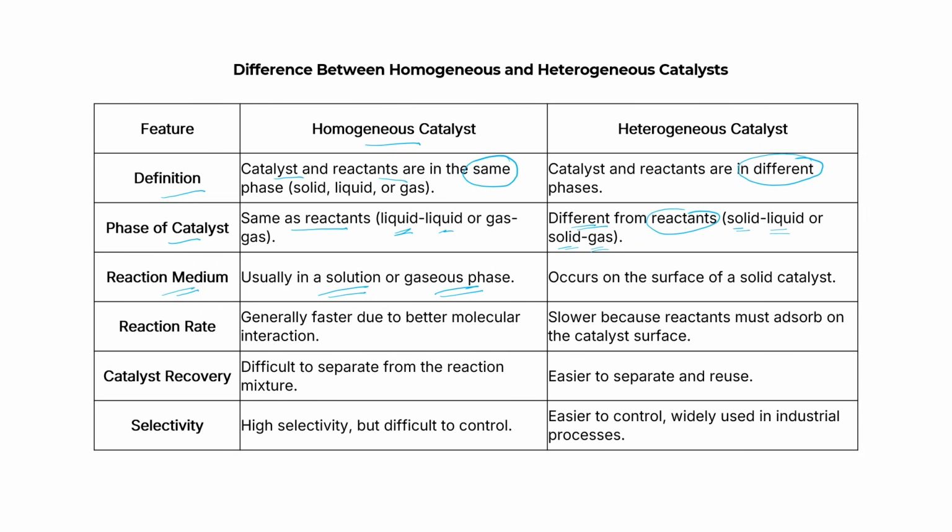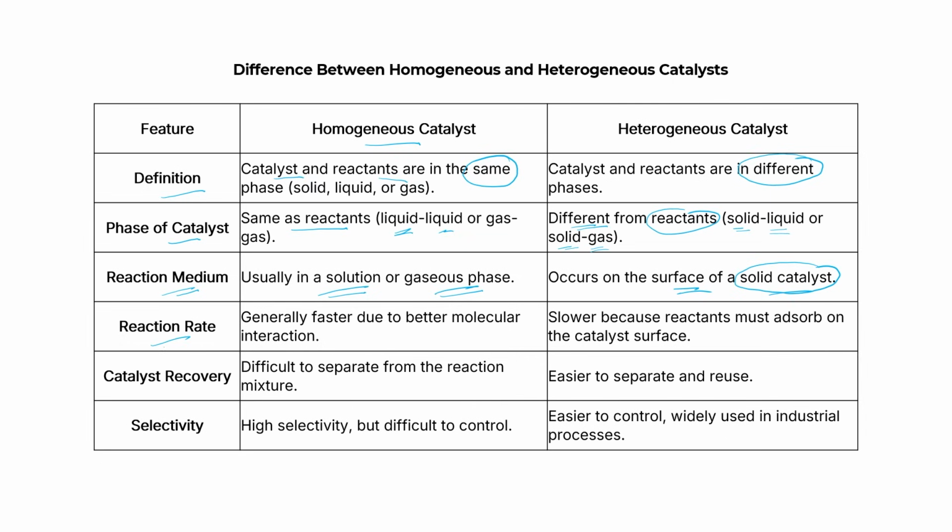In this case, again to reiterate, you will have a catalyst which is also either in the solution phase or in the gaseous phase respectively. In the case of a heterogeneous catalyzed reaction, the most common reaction medium is the solid surface catalyst. The surface of a solid catalyst is the most common reaction medium.